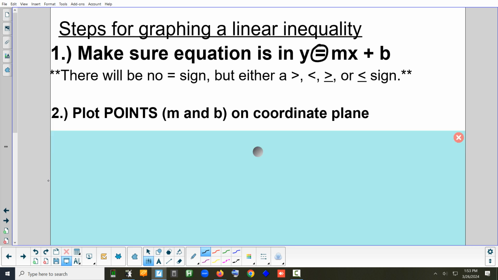The next thing we do, once we get it in y equals mx plus b, is graph your slope, just like we always do, and then graph your y-intercept. I might put those in the reverse order, that way you remember to do b first and then m. Always do the y-intercept first, then use your slope second.